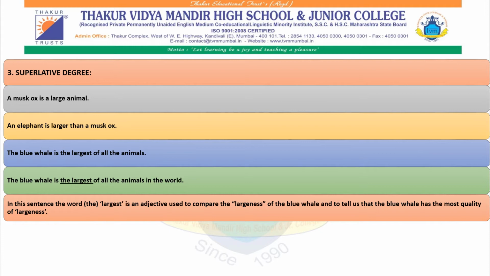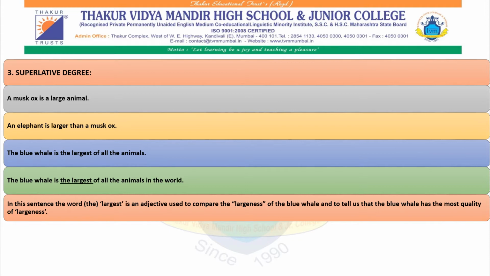So we come to know in the first sentence, we learned about musk ox, that is a large animal, no comparison. Second sentence, we came to know about elephant, which is larger than a large animal, that is musk ox, comparative degree.